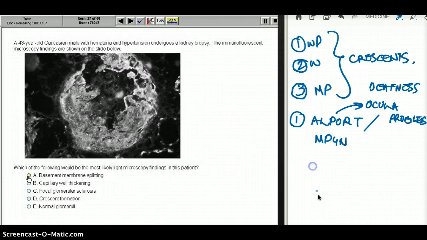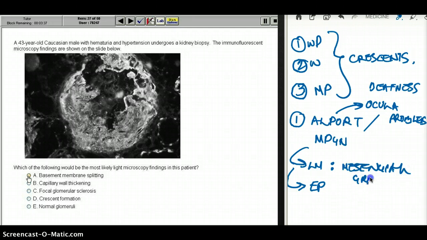So for MPGN, what are we going to see on light microscopy, and what are we going to see on electron microscopy? On light microscopy, we are going to see mesangial growth. Okay, mesangial growth.